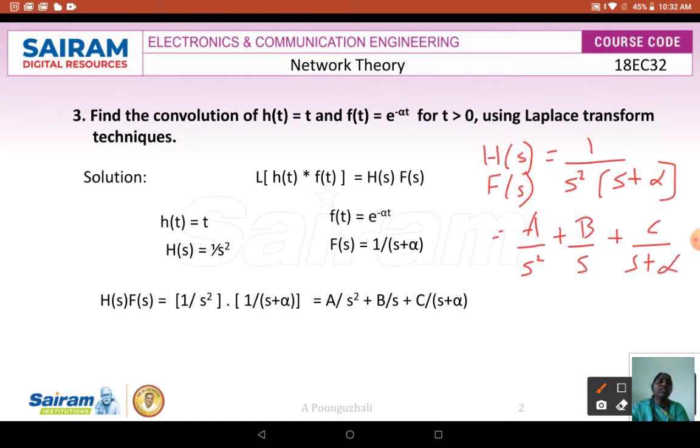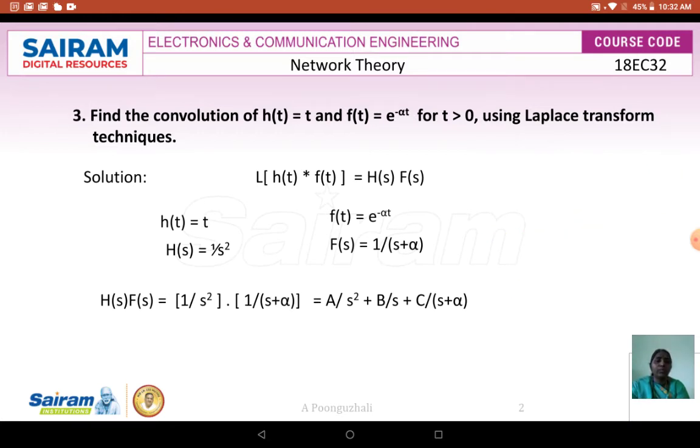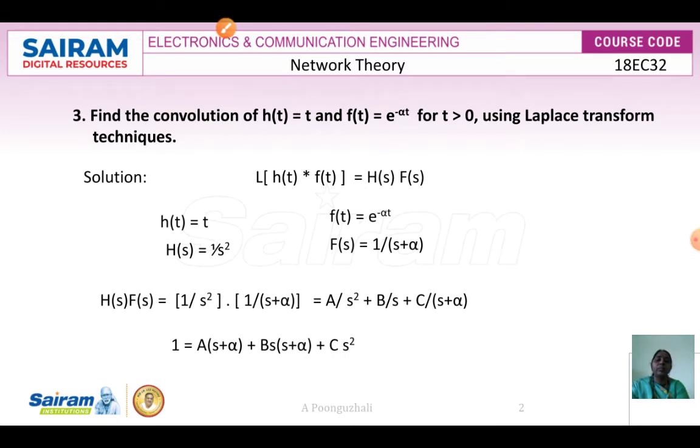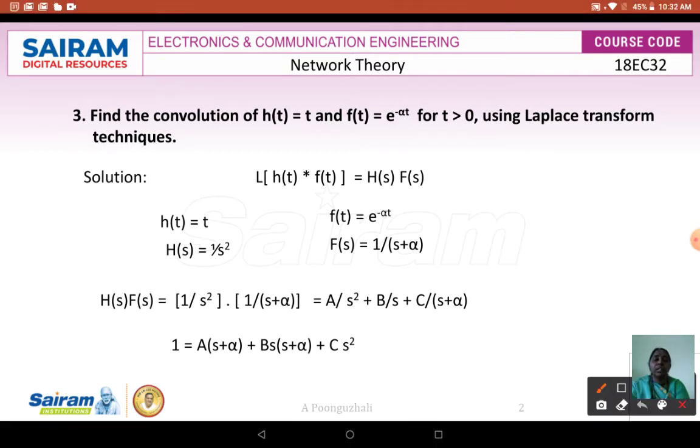So if we take the LCM, the numerator is 1, so 1 is equal to a into s plus alpha, plus bs into s plus alpha, plus c s square.